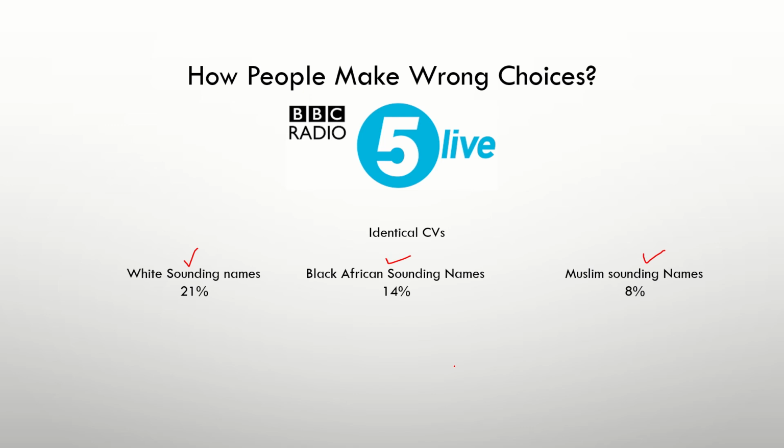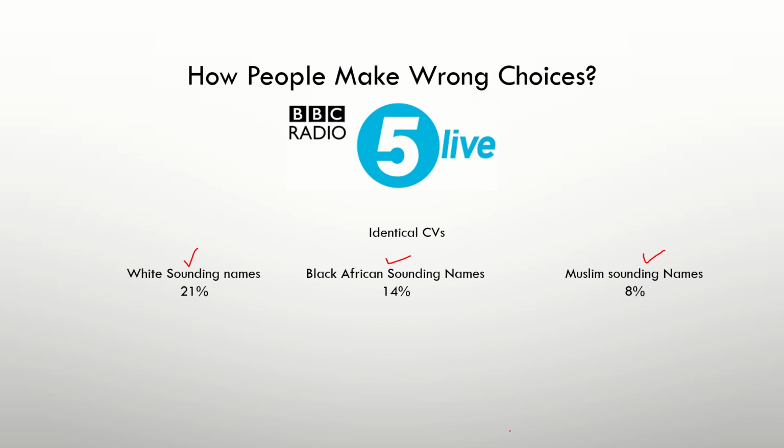Do you think recruiters are looking at the names while recruiting? I don't think so. In reality, recruiters were scanning the CV for 5 to 10 seconds, and subconsciously the recruiter sees a name and determines whether this person belongs to his group or a different group.